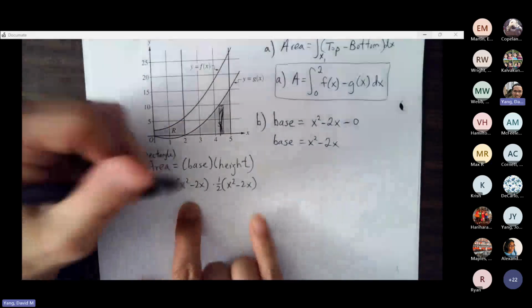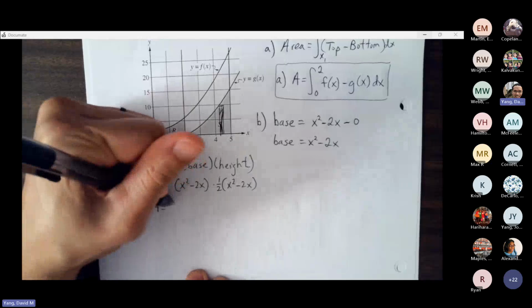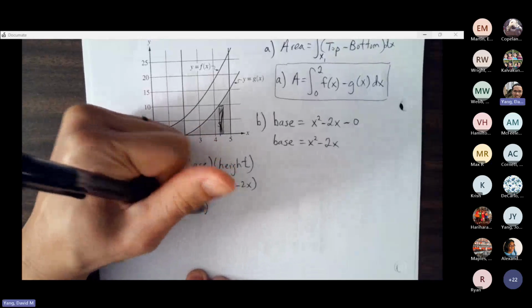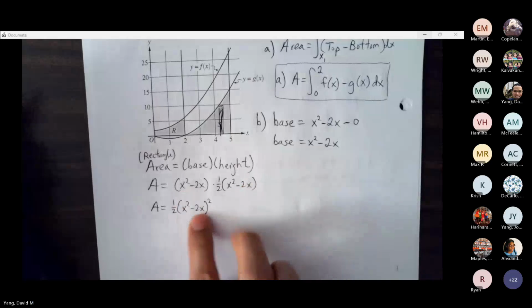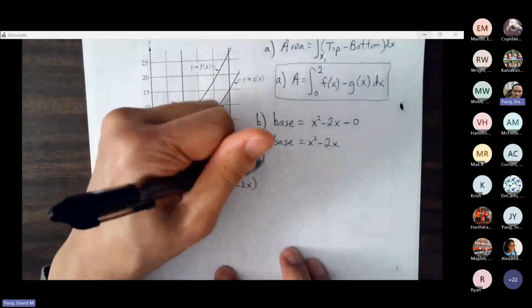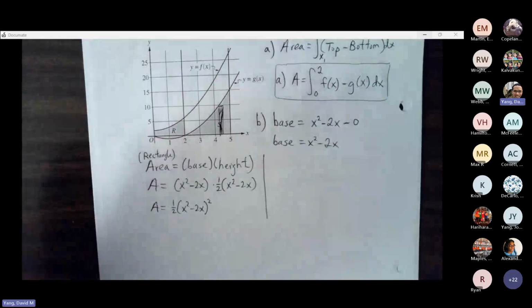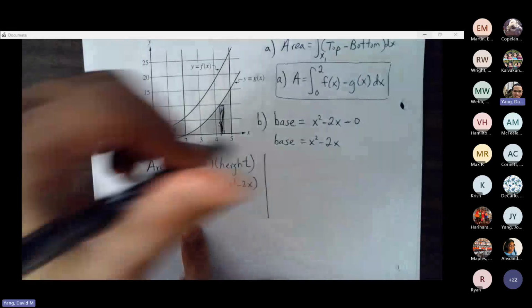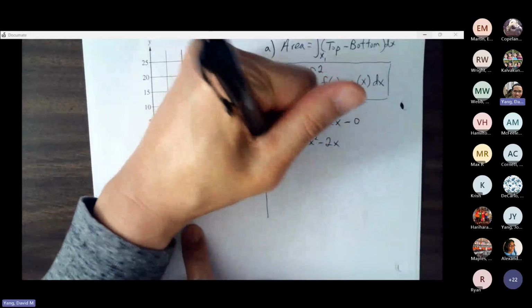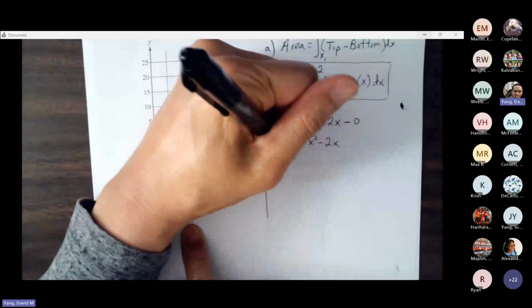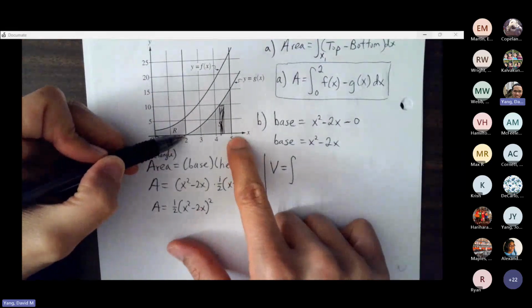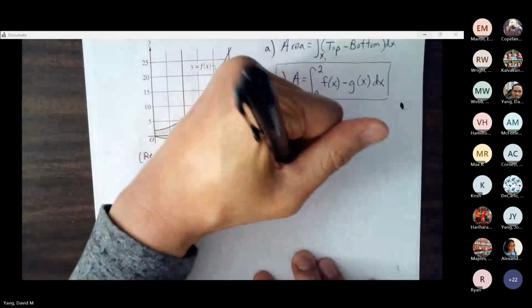Okay, if I merge that together, then my area is just 1/2 times (x squared minus 2x) quantity squared, right? And now the last piece is trying to get it into that third dimension, that volume integral. So for volume, I'm going to give that third dimension an integral from as far left as 2 to as far right as 5 for my shaded region.